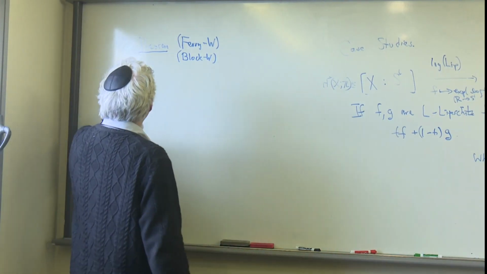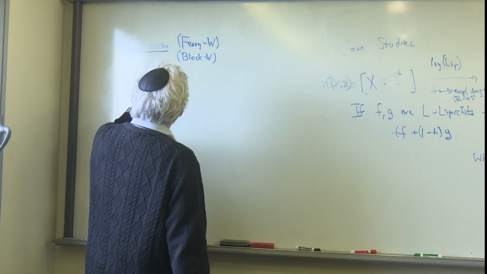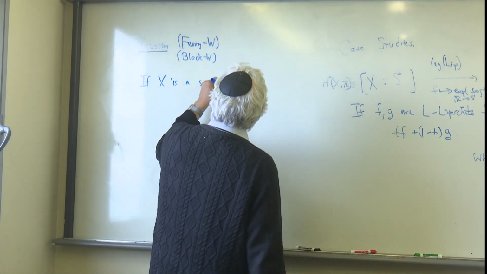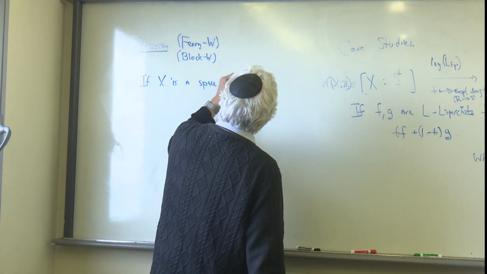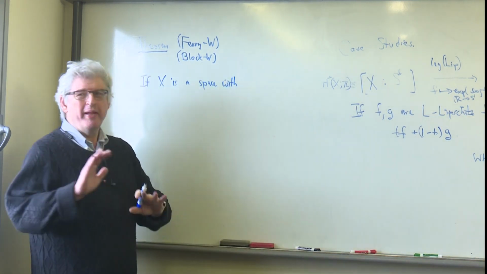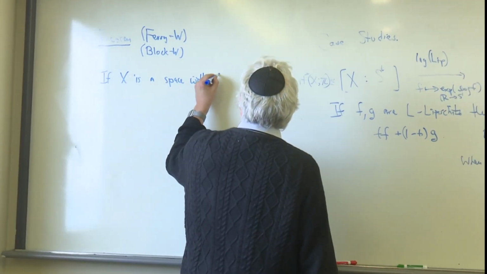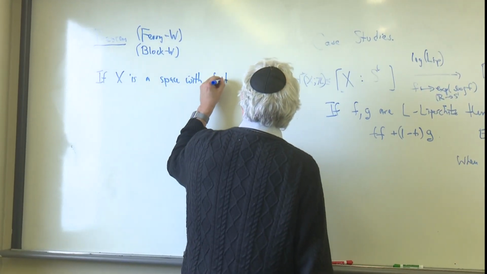So the theorem says this: if X is a space, where space, of course, again means compact manifold with boundary, with finite homotopy groups.